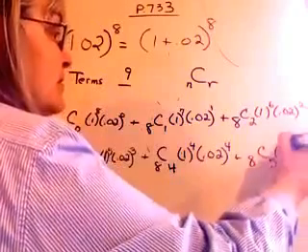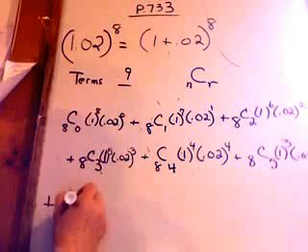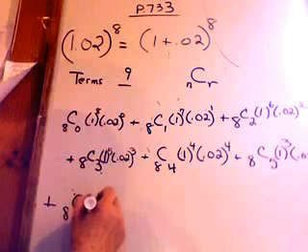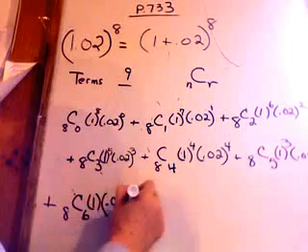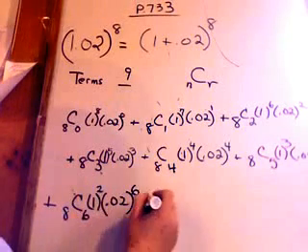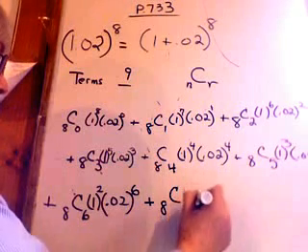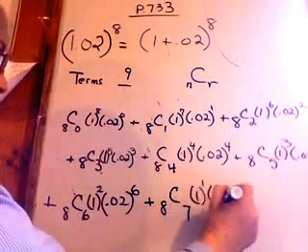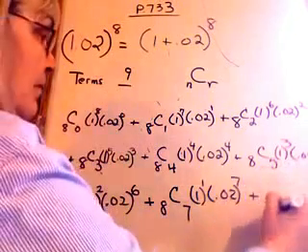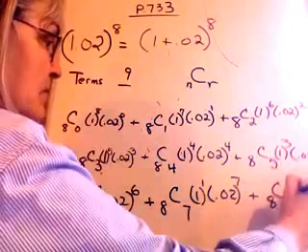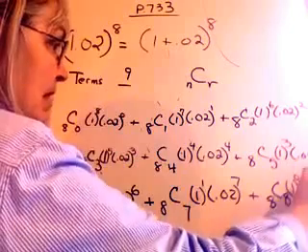This is to the 5th, this is to the 3rd, plus 8C6, 0.02 to the 6th, 1 to the 2nd, plus 8C7, 1 to the 1st, 0.02 to the 7th, plus 8C8, 1 to the 0, 0.02 to the 8th.